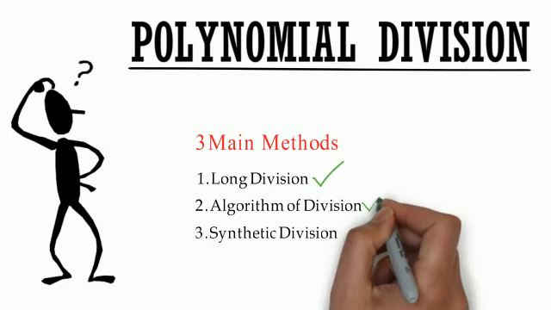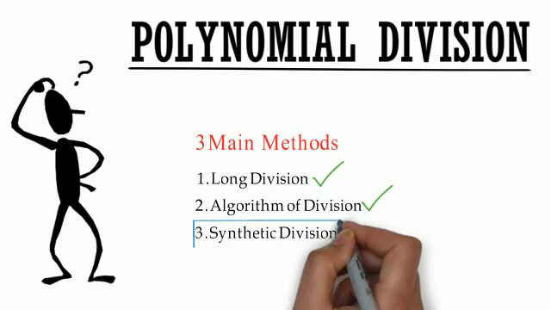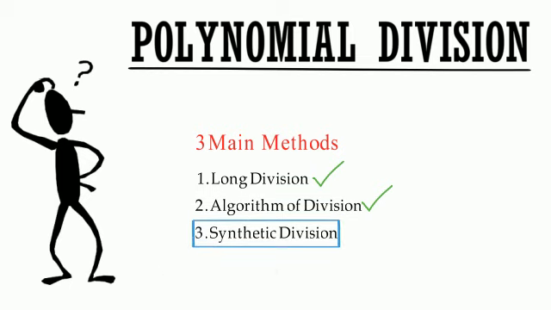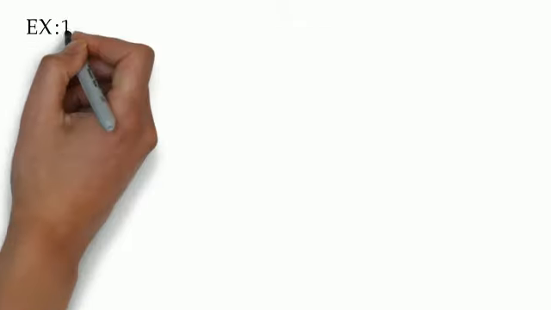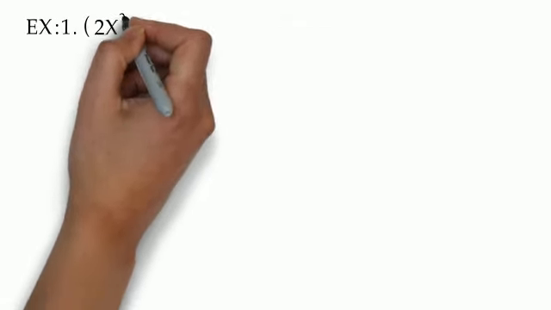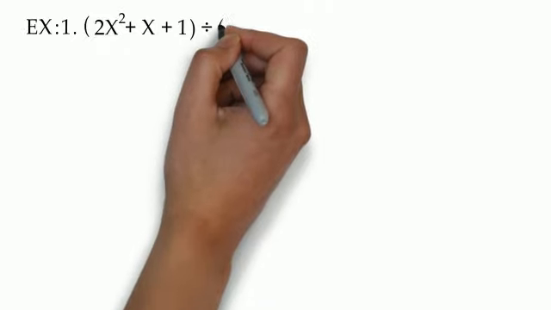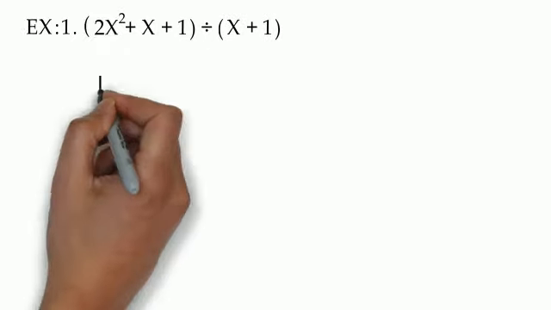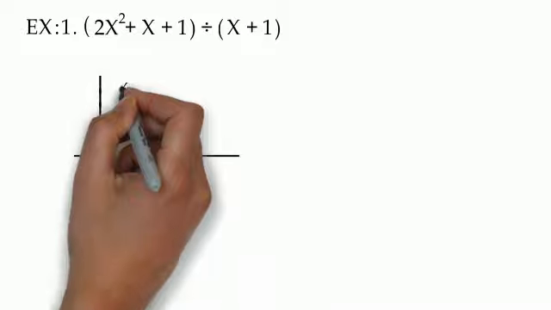Let us now see synthetic method. Synthetic method can be used only if the degree of the divisor is 1. Let's consider the example 1. So as the first step, we write the powers of x in the dividend in the descending order.